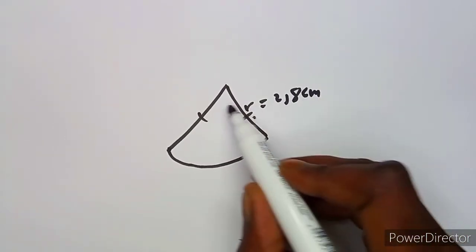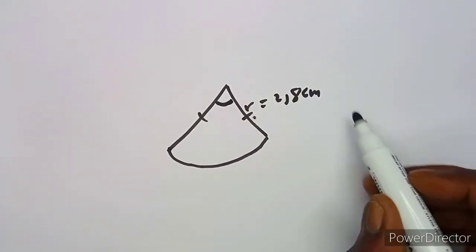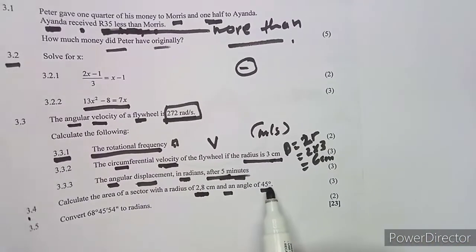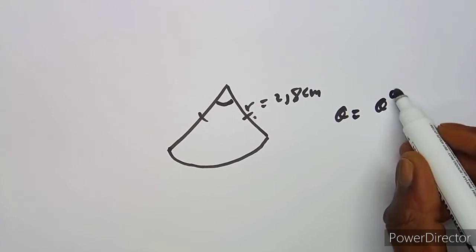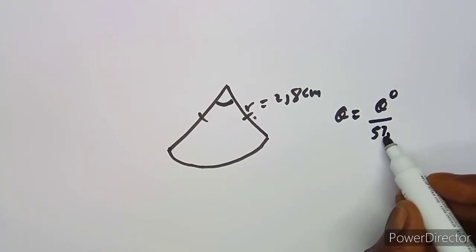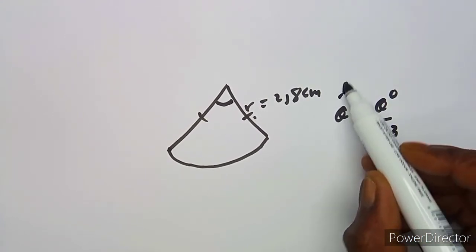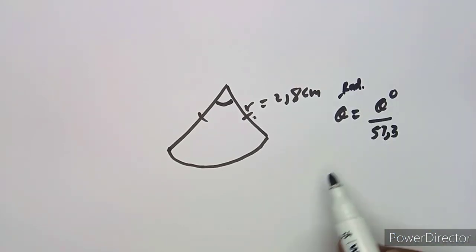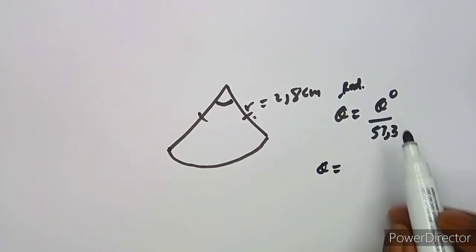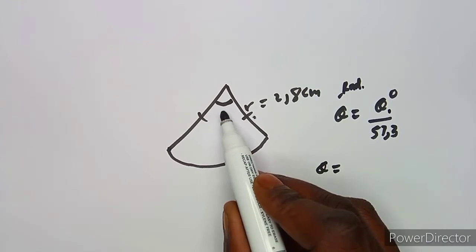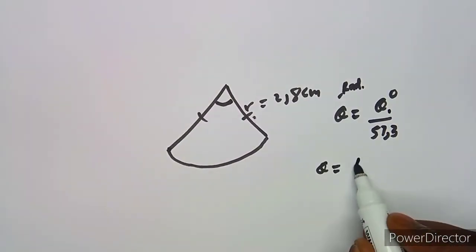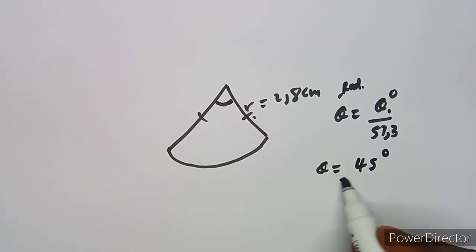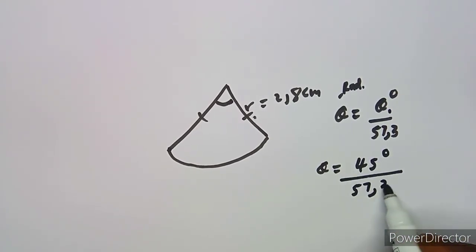Then we have got an angle here which is supposed to be in radians, so you have to change this to radians. Remember, theta in radians is equal to theta in degrees over 57,3. So it's 45 degrees over 57,3.